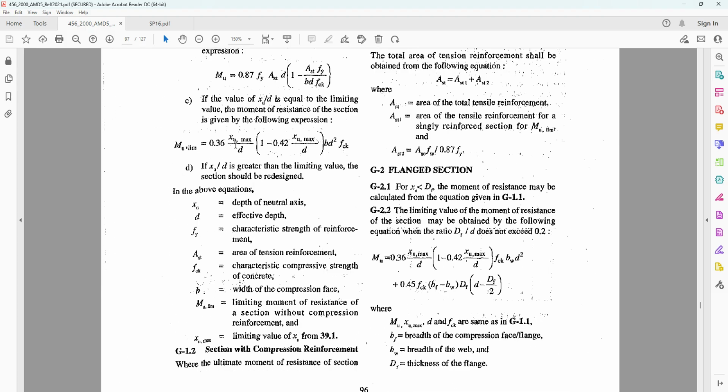So we have an equation for the limiting moment: Mu limit equals 0.36 xu max by d into 1 minus 0.42 into xu max by d, into bd square fck. Let me copy the same equation.